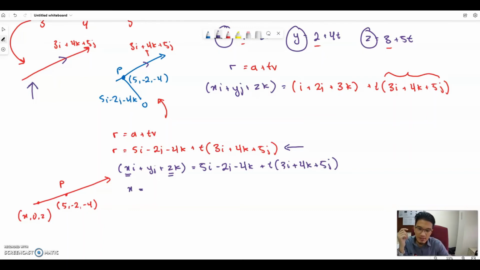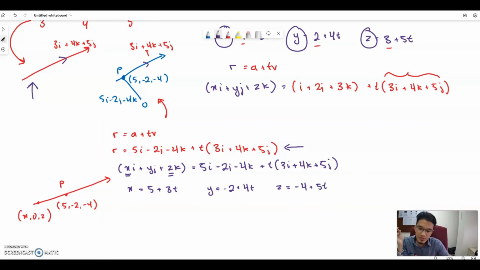So x equals 5 plus 3t, and then y equals negative 2 plus 4t, and then we have z equals negative 4 plus 5t.